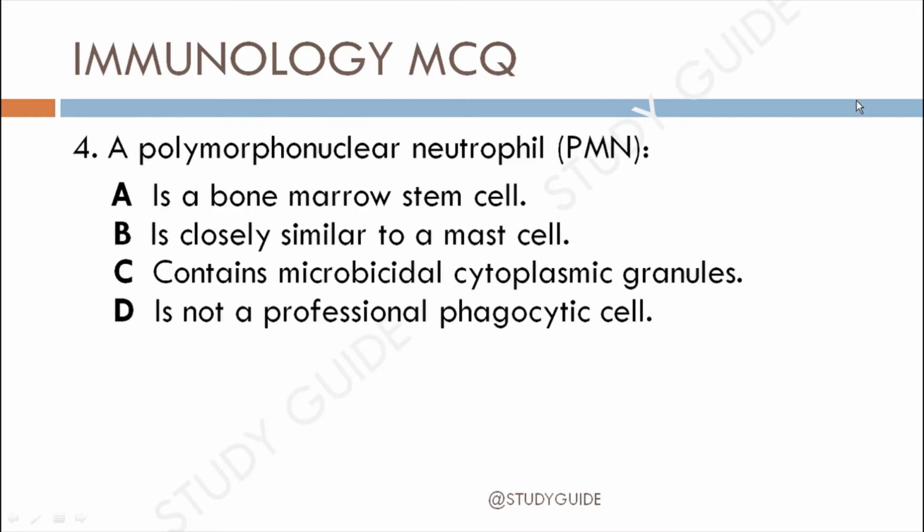Now moving toward the fourth MCQ: a polymorphonuclear neutrophil, that is PMN. What is it? Option A is a bone marrow stem cell. Option B is closely similar to a mast cell. Option C contains microbicidal cytoplasmic granules, and option D is not a professional phagocytic cell.